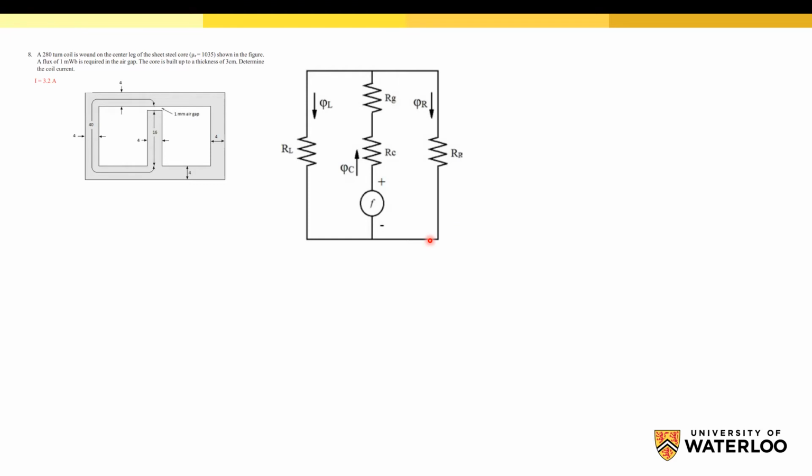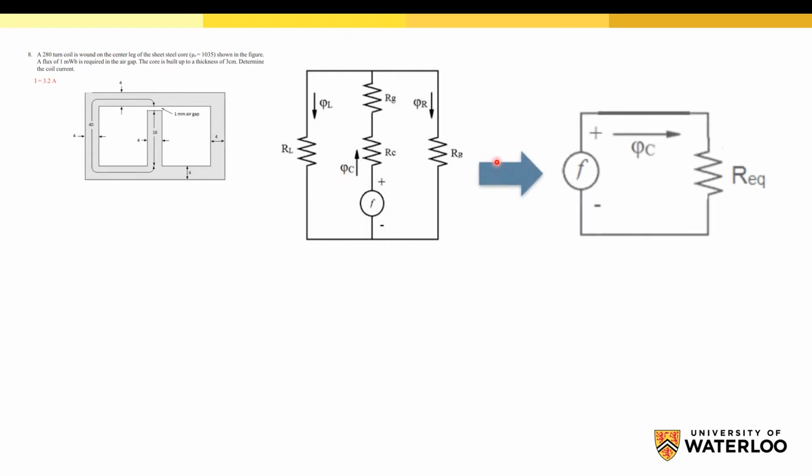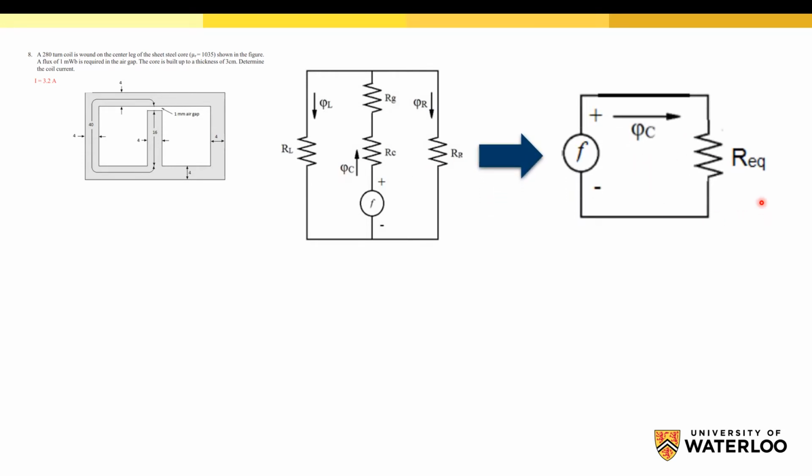So the next step is to simplify this circuit to just a source and equivalent reluctance. This equivalent reluctance will be equal to these two reluctances in parallel, so the right leg reluctance and the left leg reluctance in parallel, then these two reluctances in series.